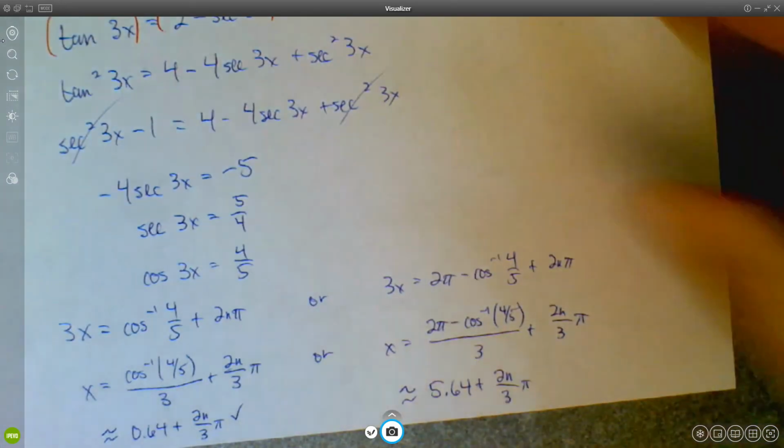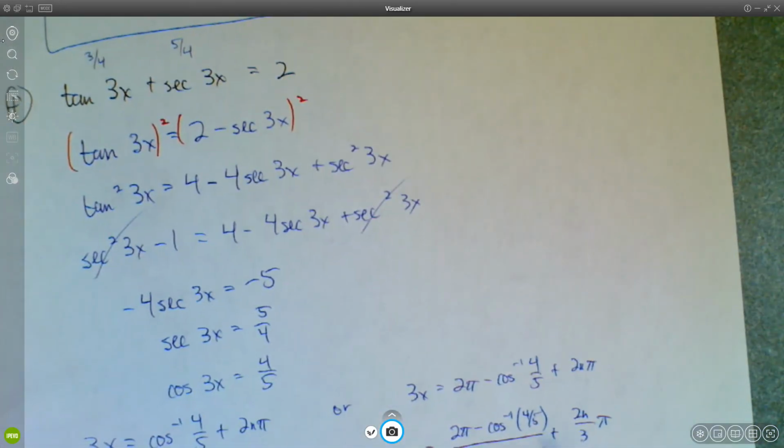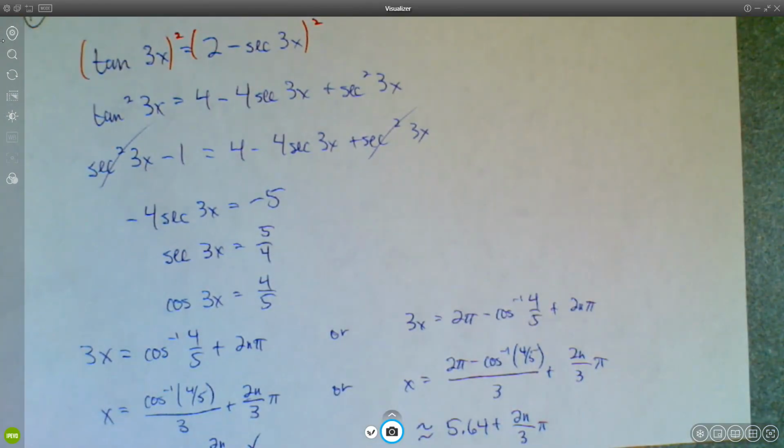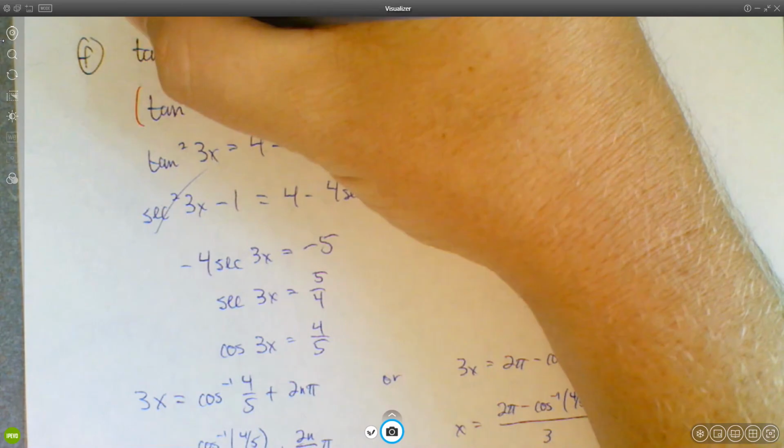What about this one over here? If we do 2 pi minus cosine inverse of 4/5. So same thing. I'm going to do tangent of 2 pi minus cosine inverse of 4/5. That gives me negative 3/4. So this is a negative 3/4 now.